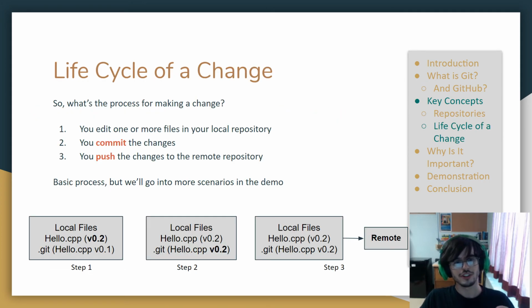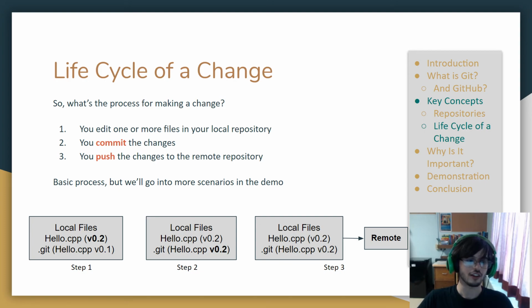All right, so life cycle of a change. When you make a change with GitHub, which is probably one of your major uses, it goes through a few steps. So the first thing is obviously editing the file. In our example, we take our hello world.cpp file, we make a change, so it's now version 0.2.